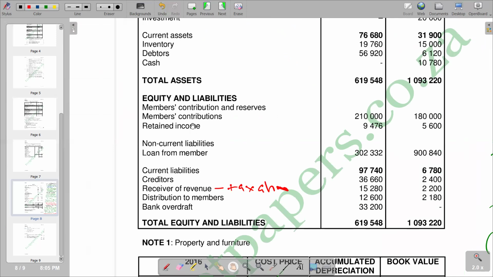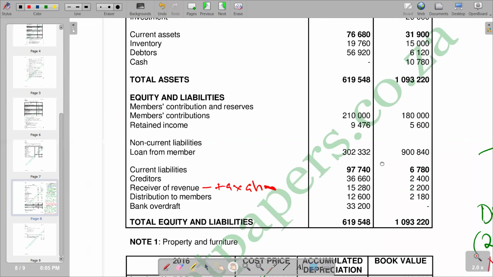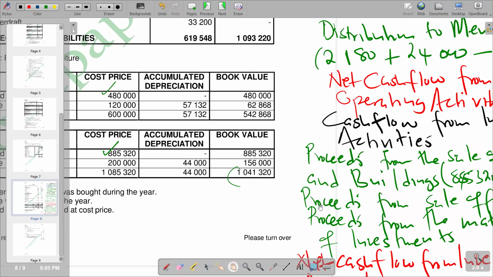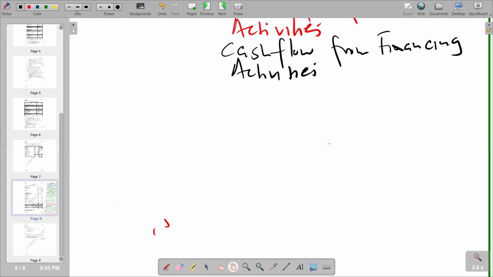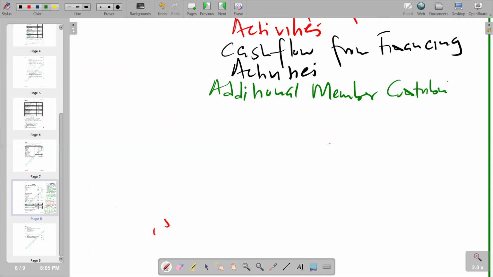So there's an additional member contribution of 210,000 minus 180,000.